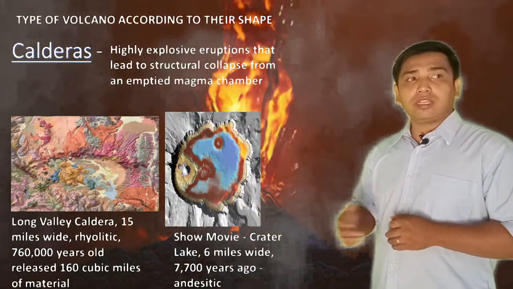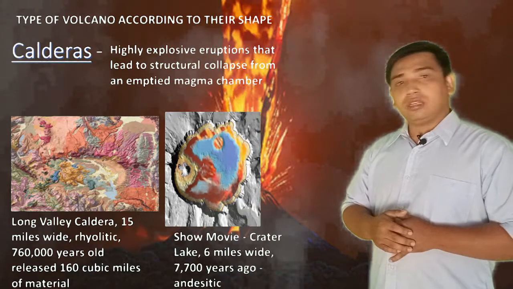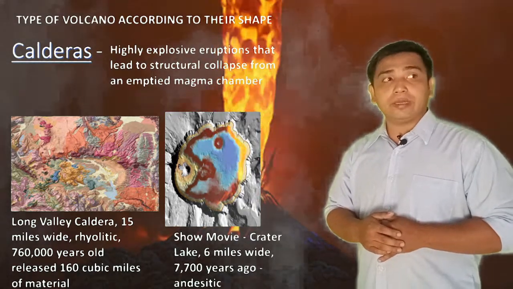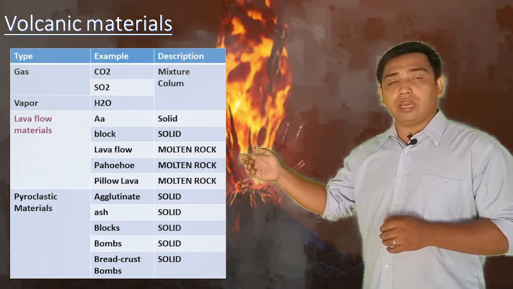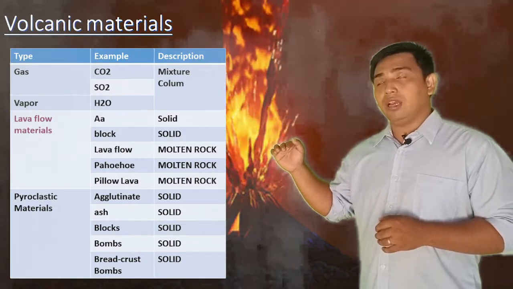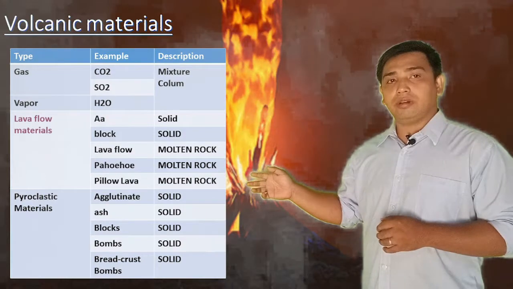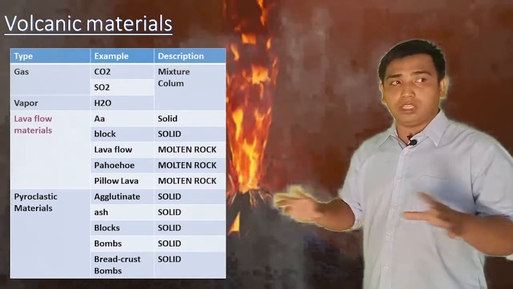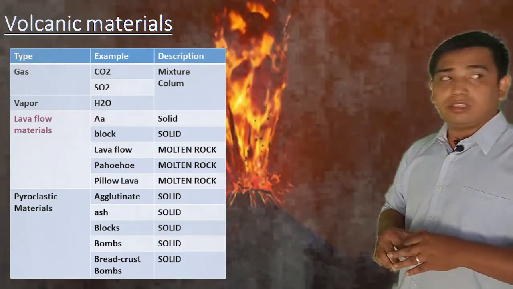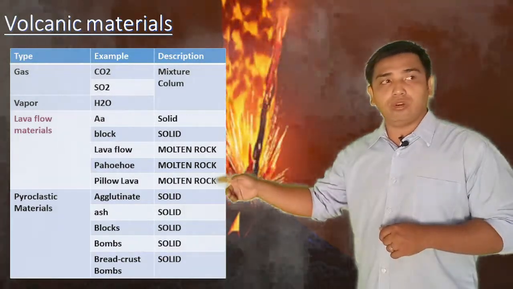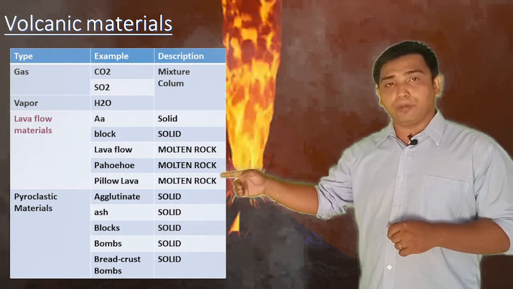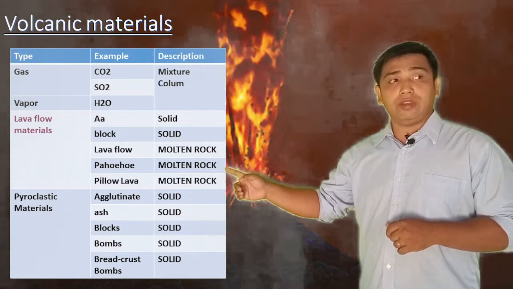Next is to classify the volcanic debris. We have the gas type, which is mainly composed of carbon dioxide and sulfur dioxide, and some other gases, maybe a mixture, but the majority of the gases present in a volcanic eruption is mainly composed of carbon dioxide or sulfur dioxide.